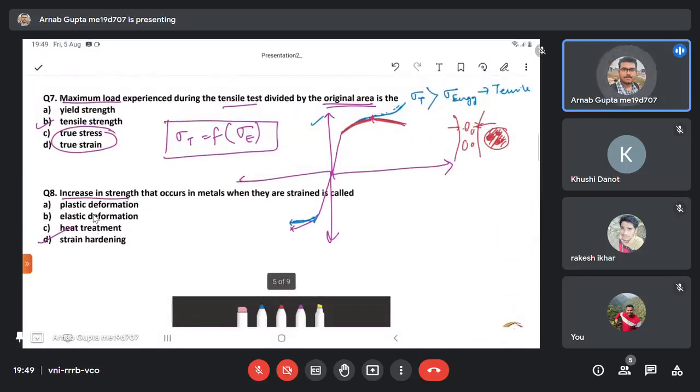So can you tell me a practical application of this strain hardening in the manufacturing industry, where you can visualize this particular phenomenon? I hope you have heard of this term rolling, forging, this type of operations. Yes, sir.